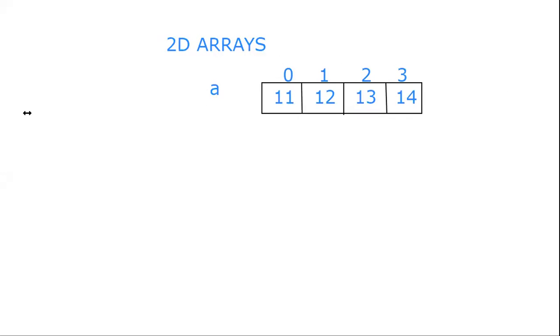Now, A of 1 will be 12, A of 2 is 13, A of 3 is 14. So this is a one-dimensional array, what we have discussed.